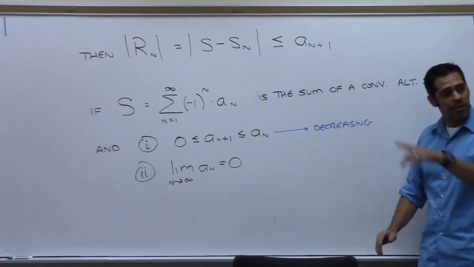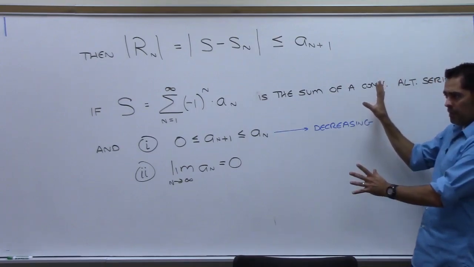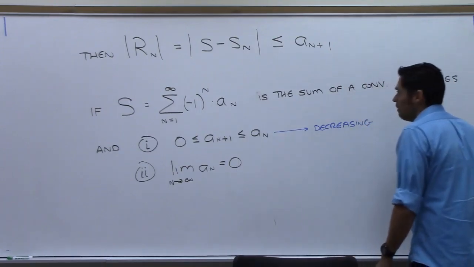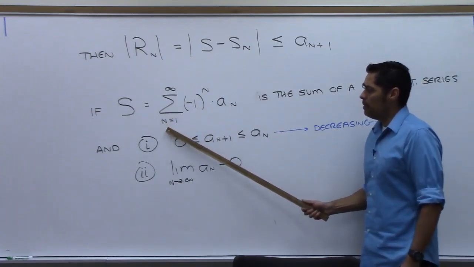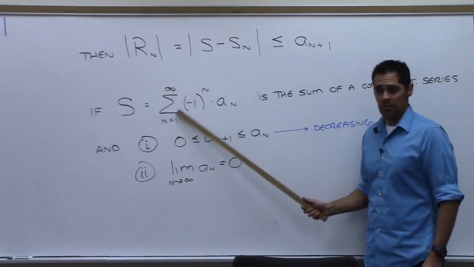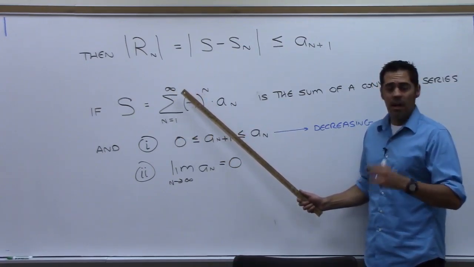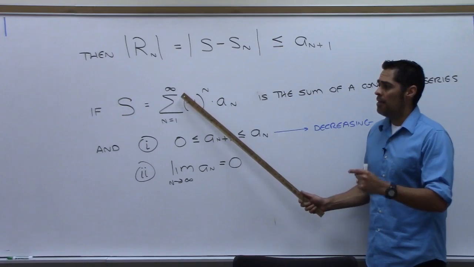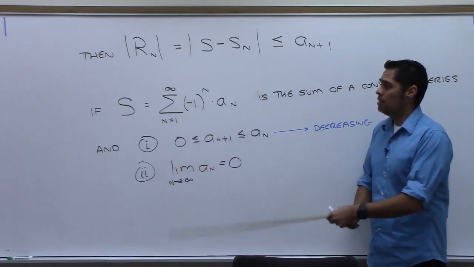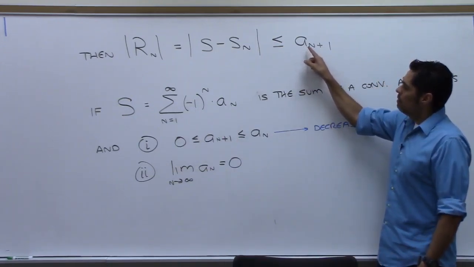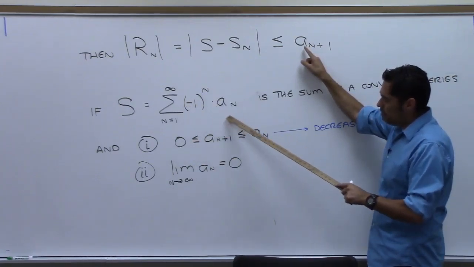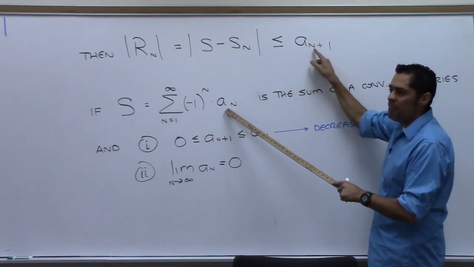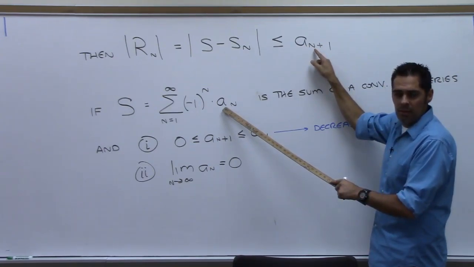Let me show you this in action, all right? We're going to have to refer back to this. If I say it in another way that makes a little more sense in English, if we add up the first 1,000 of these and stop at 1,000, I guarantee you that I'm only off by this sequence right here, me plugging 1,001 into it.